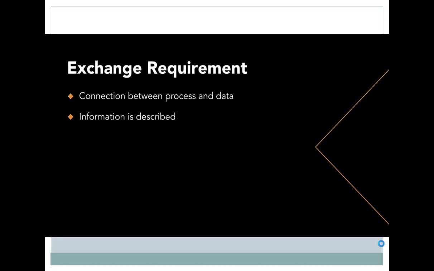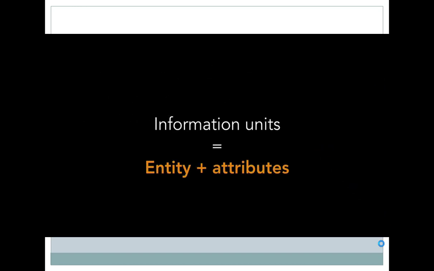It is with an exchange requirement, representing the connection between processes and the data, that a set of information will be described. Starting with information units, they are composed of an entity alone and its attributes.